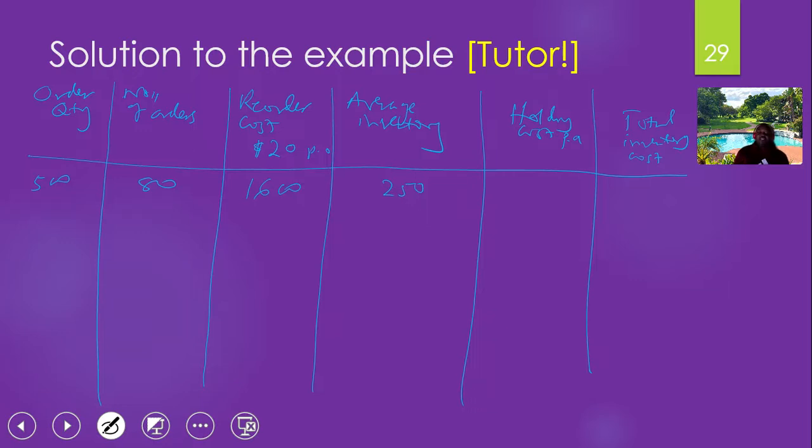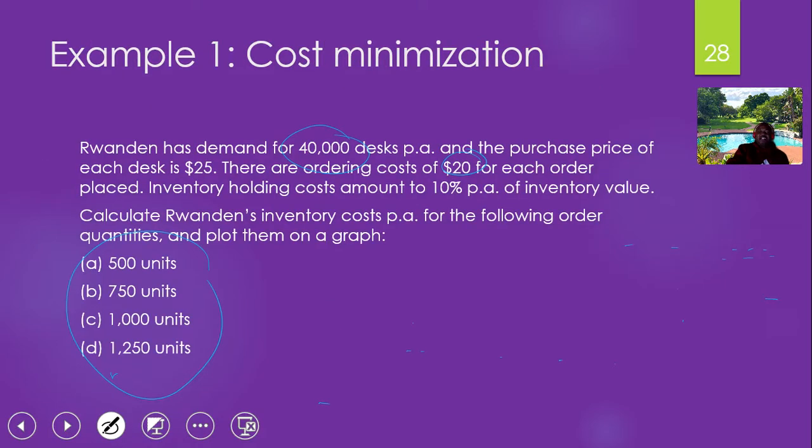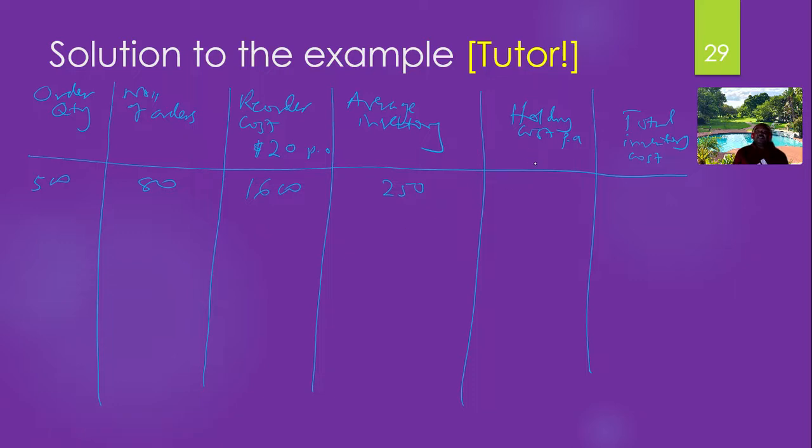And we are told in the question that inventory holding cost amounts to 10% of inventory value. The inventory value is $25 per desk. So that's 10% of $25, that's $2.50 per unit.